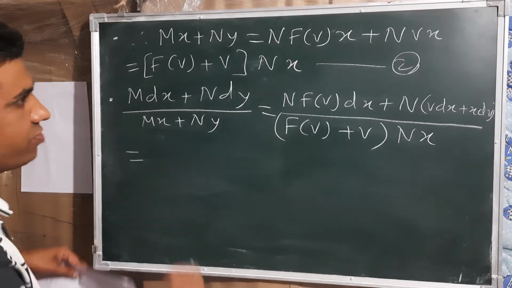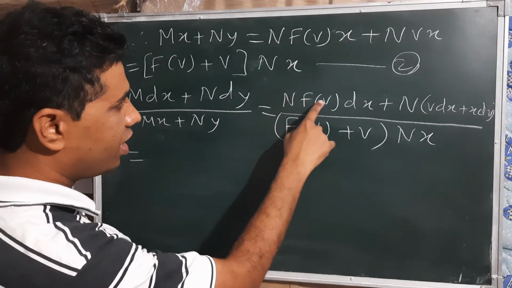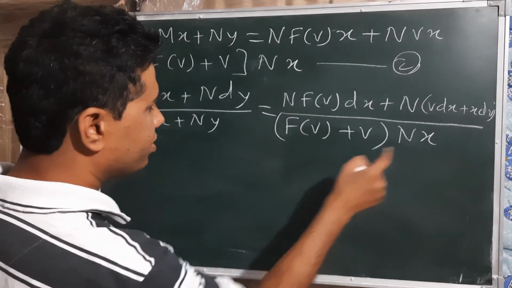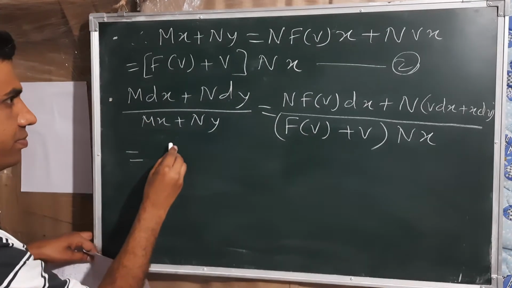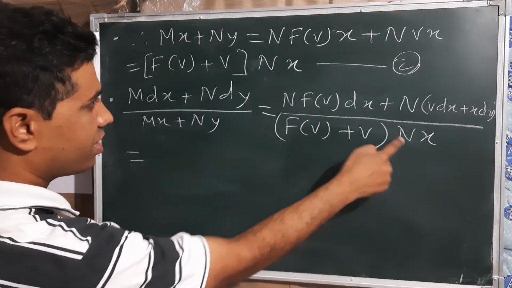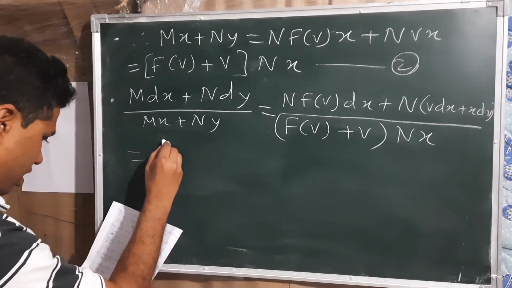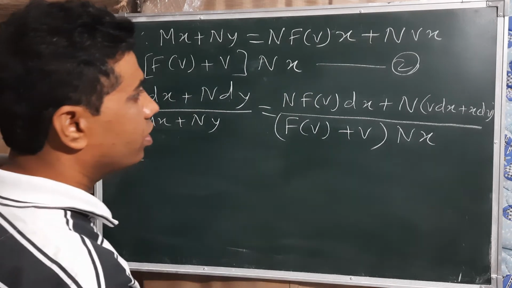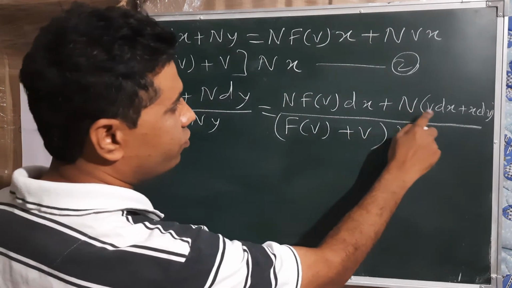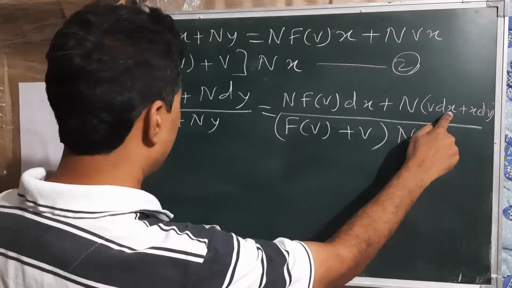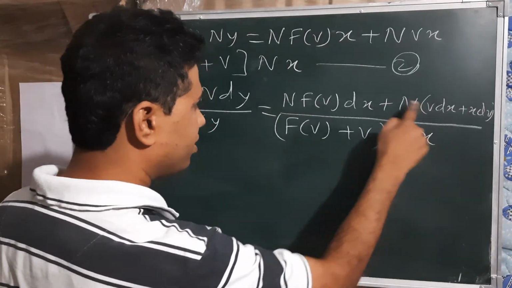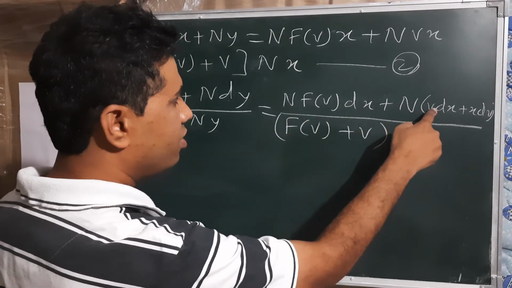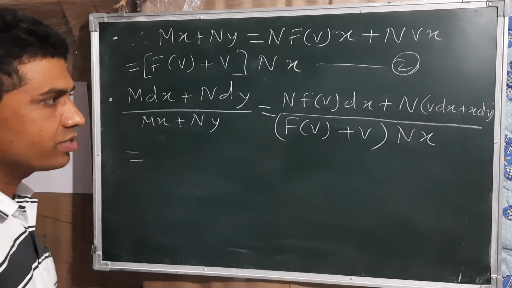Now we simplify the right hand side. This is equal to N F of v divided by F of v plus v Nx, so N gets cancelled, and there is one more term with dx, that is Nv dx. So we take these two terms together, N F of v plus Nv into dx.